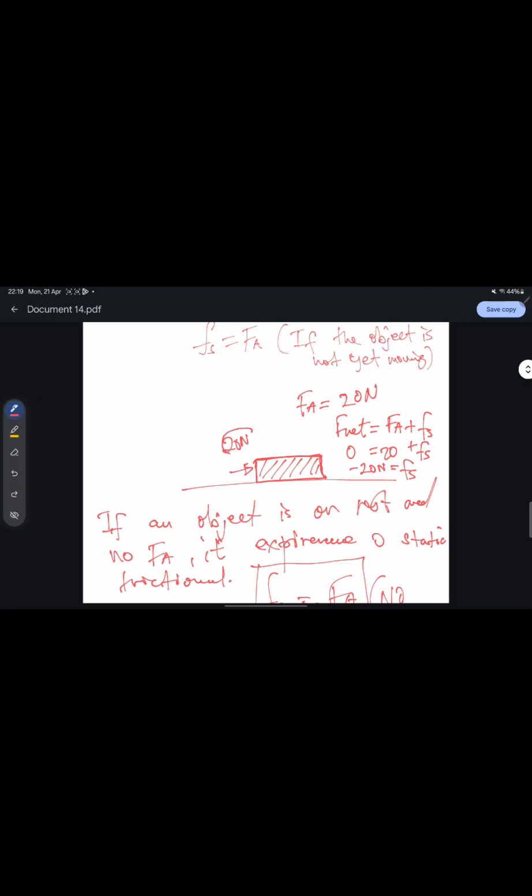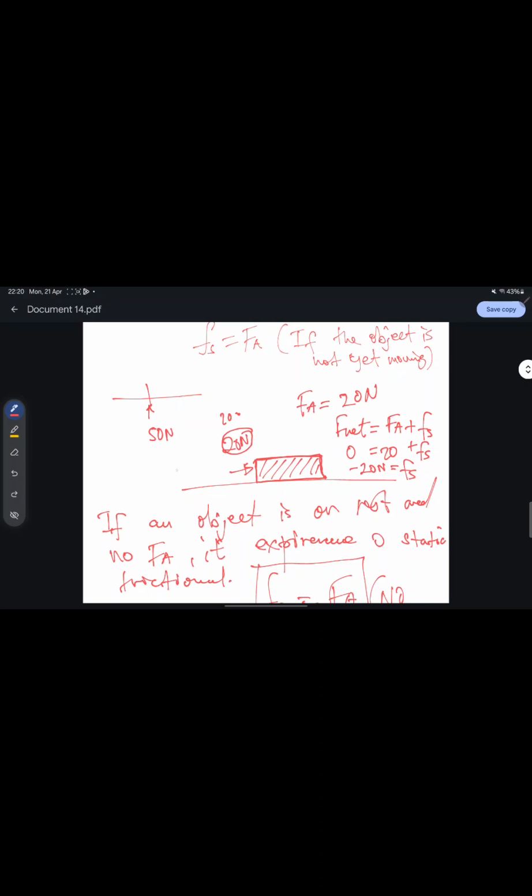If I am increasing this force, I will reach the maximum. There's a point where this block will start to move. Just before it starts to move, I think this block will start to move at 50 Newton.